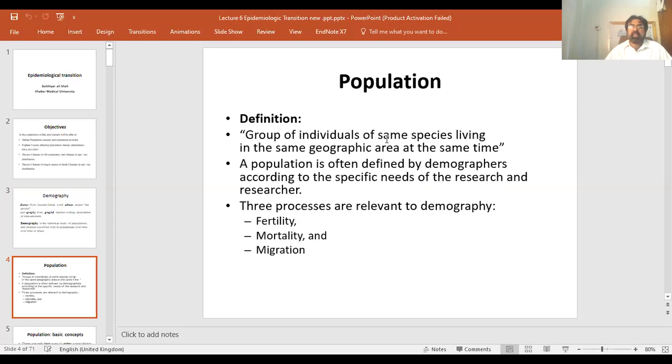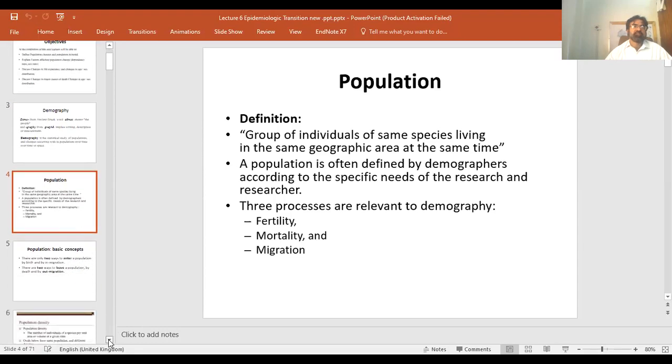Mortality, if there is increase in mortality and deaths, population will decrease. And if there is migration, in-migration and out-migration, that will also affect the magnitude of the population, the number of the people living in a particular area. With in-migration, that will increase, and with out-migration, that will decrease.